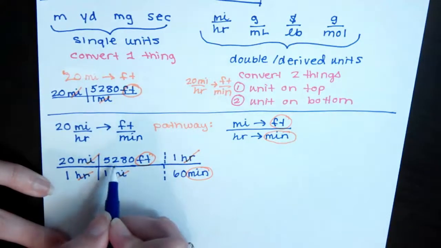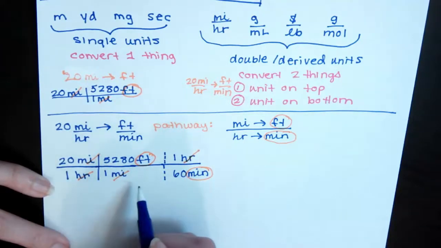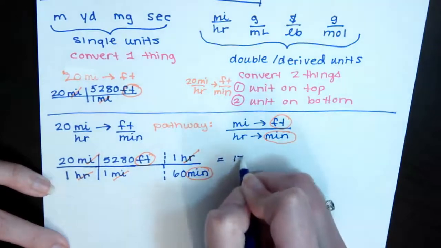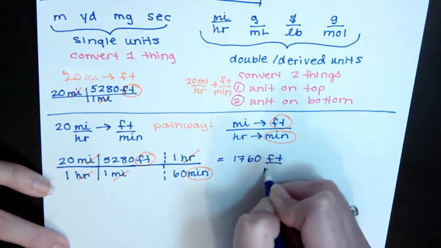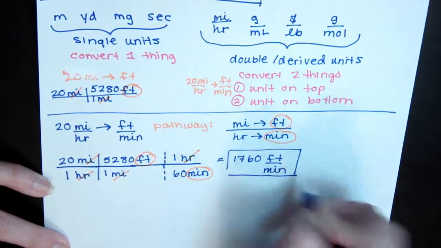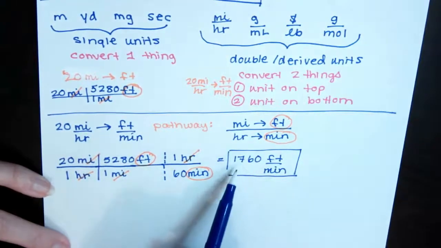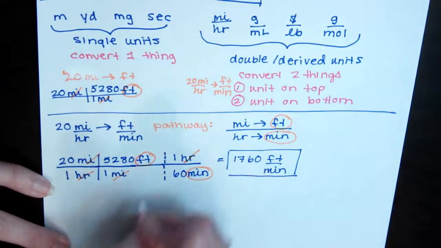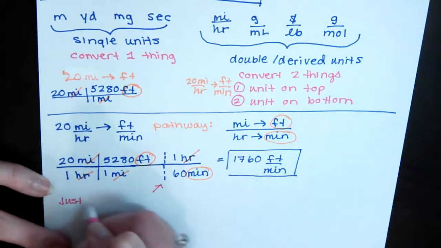So 20 times 5,280 times 1 divided by 1 divided by 1 divided by 60. So 20 miles an hour is the same as 1,760 feet per minute.